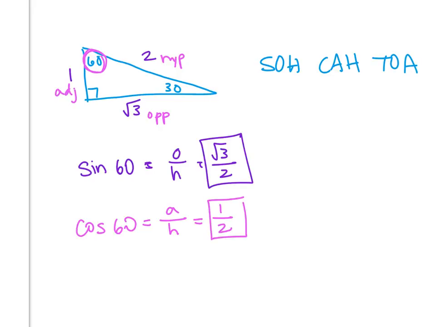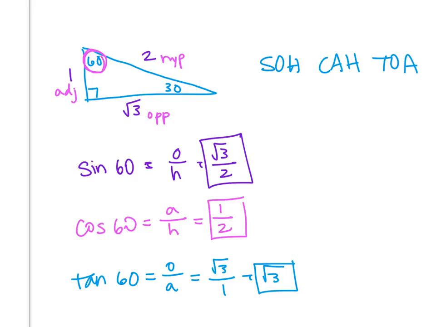And then the last one is tangent of 60 degrees, and tangent is the opposite over the adjacent. Our opposite side is square root of 3, our adjacent side is a 1, and that simplifies to just the square root of 3. And there's our sine, cosine, and tangent of 60 degrees.